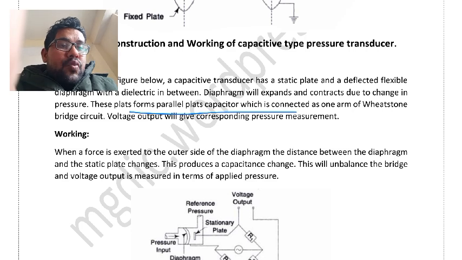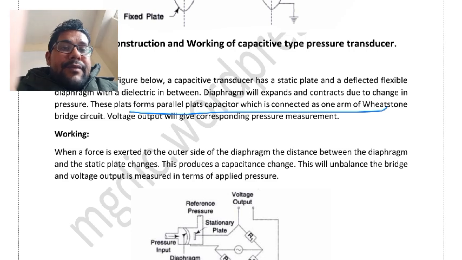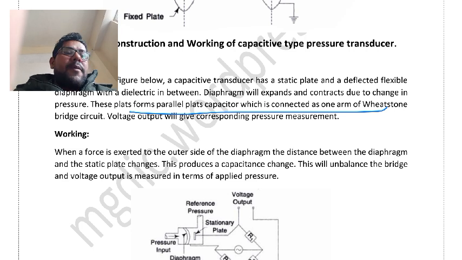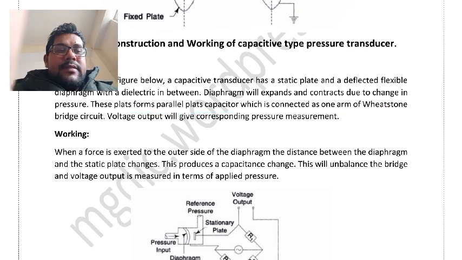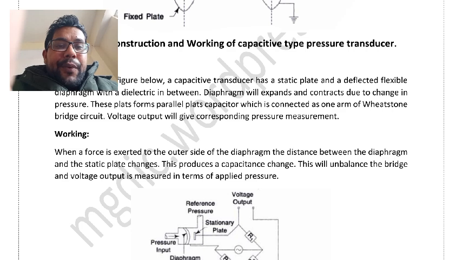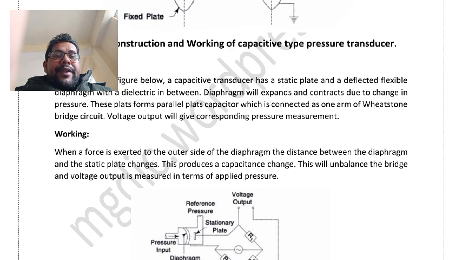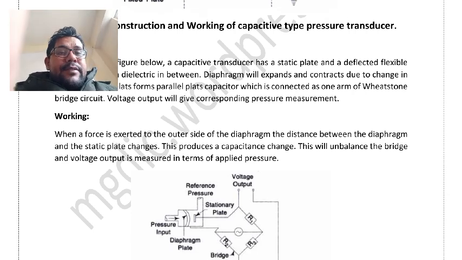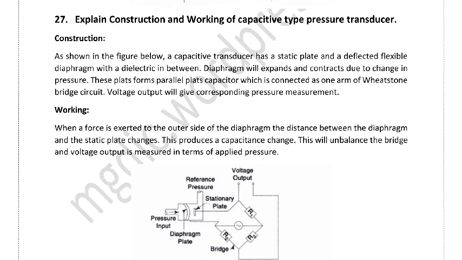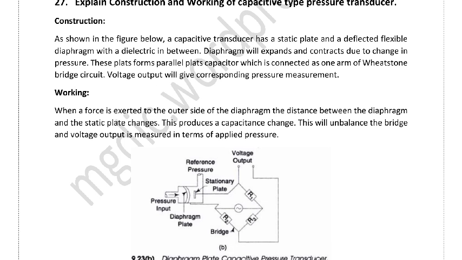These plates form a parallel plate capacitor which is connected to one of the arms of a Wheatstone bridge. The voltage will give the corresponding pressure measurement when force is exerted on the outer side of the diaphragm. So this is the construction we have seen generally. We can remove this, then we can see the construction easily.